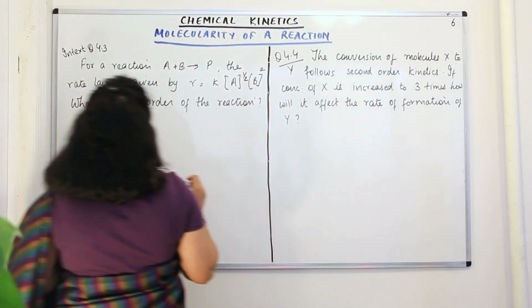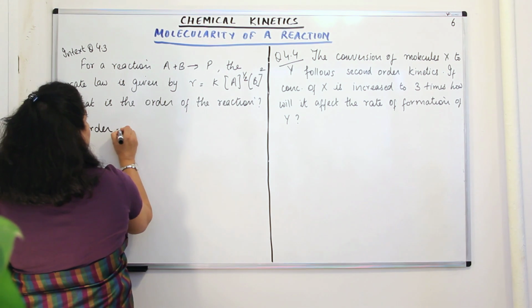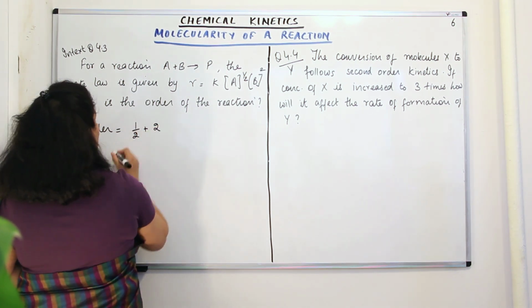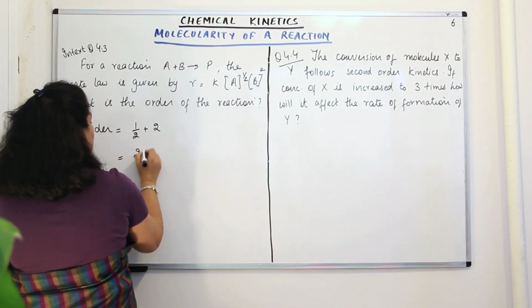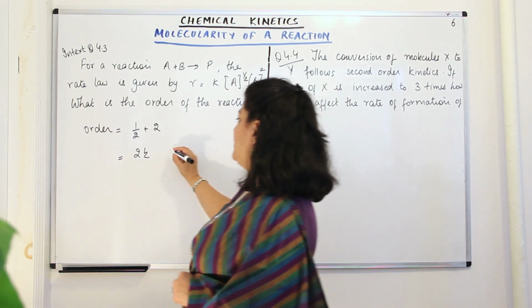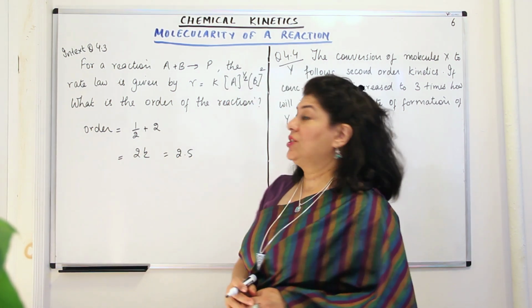So order would be equal to, the powers are half plus 2. So half plus 2 is 2.5, right? So 2.5 would be the order of this reaction.